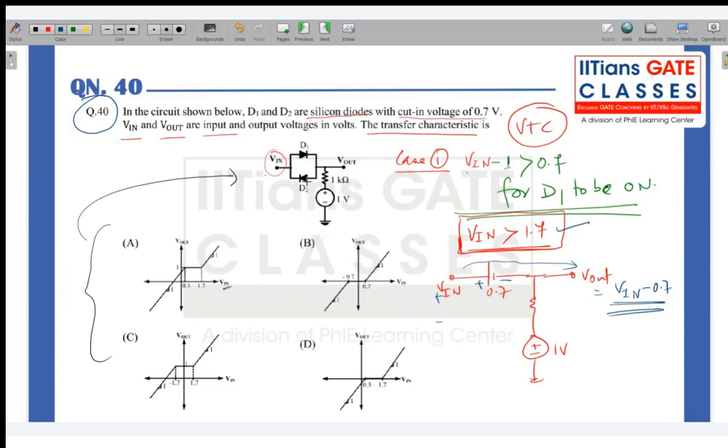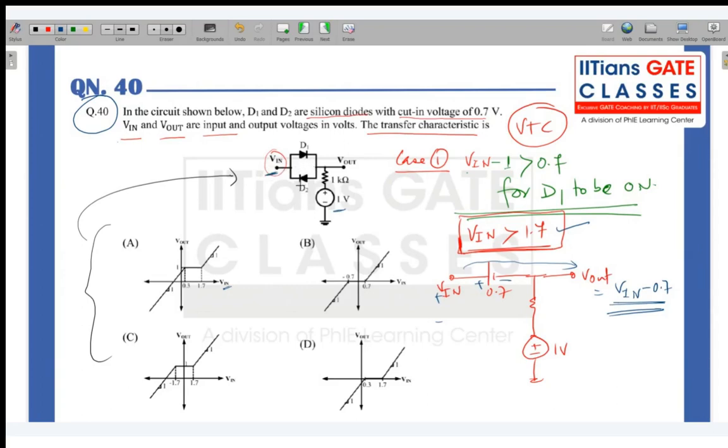Suppose D2 has to be on, so what should be the potential difference? That is the main concern. The potential difference across D2 should be 1 minus V in, so 1 minus V in should be greater than 0.7, then only D2 will be on.